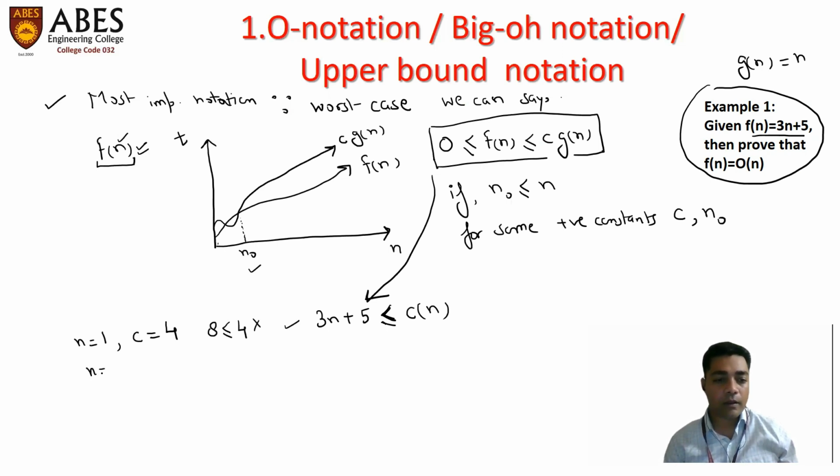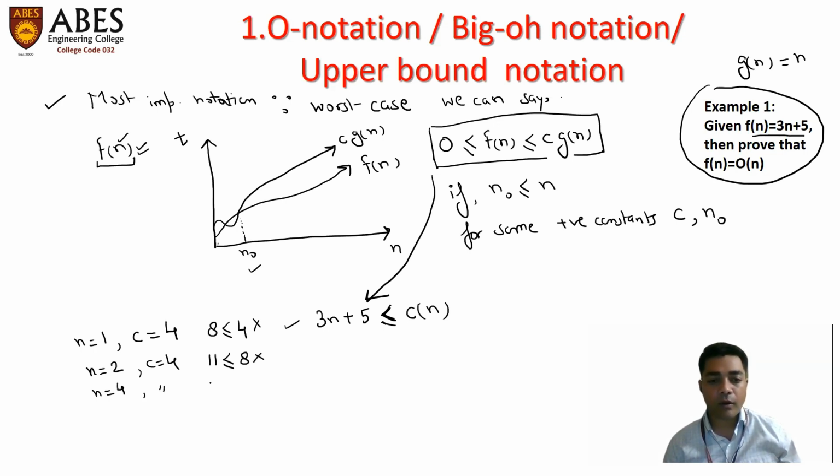Then we say n is equal to 2. C is constant at 4. Left hand side will become 6 plus 5, 11, less than equal to 4 into 2, 8. So again it is not true. Let's try n is equal to 4. C is going to be this only.